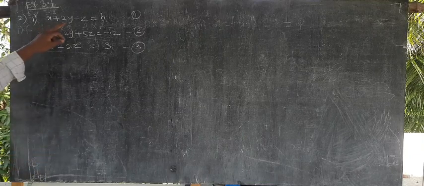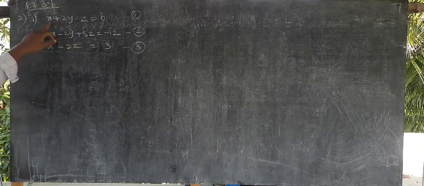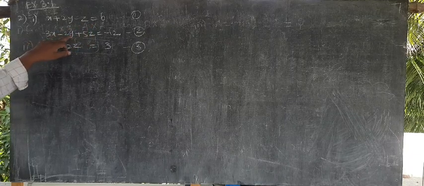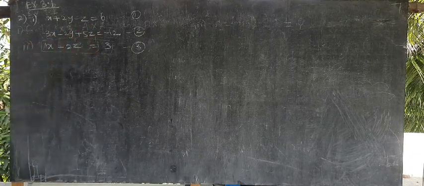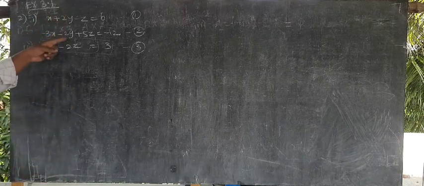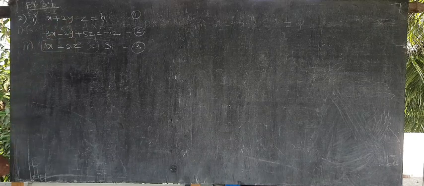See equations 1 and 2: x plus 2y minus z equal to 6, minus 3x minus 2y plus 5z equal to minus 12. In these two equations, we can easily cancel the 2y. Cancelling gives us the variables x and z.